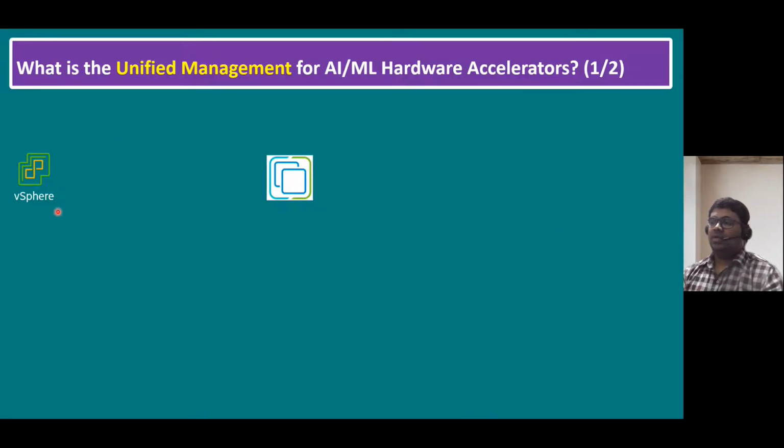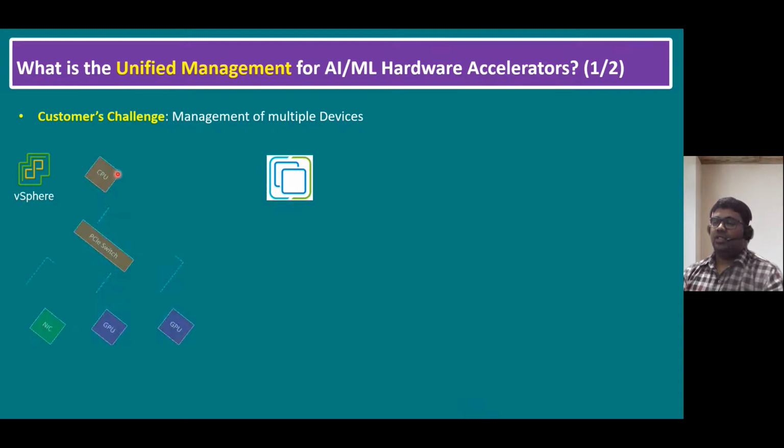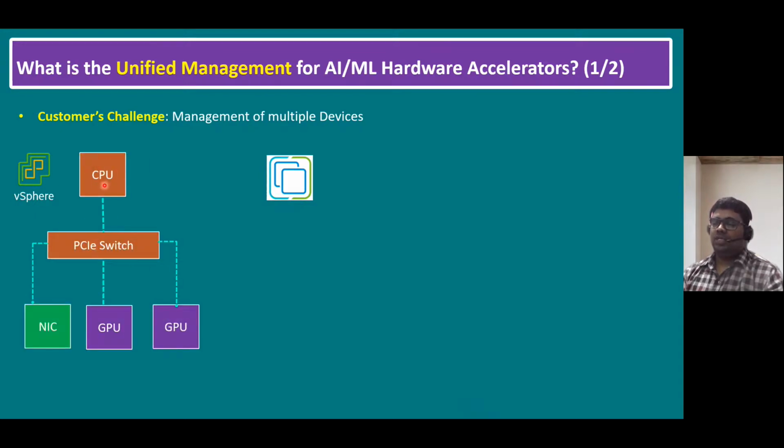Let's compare vSphere 7 with the latest vSphere 8. Normally in vSphere 7, one key customer challenge is management of multiple hardware devices. Normally we have a CPU, which is the heart or brain of our server's motherboard. Within the CPU, we can connect to the PCIe switch.